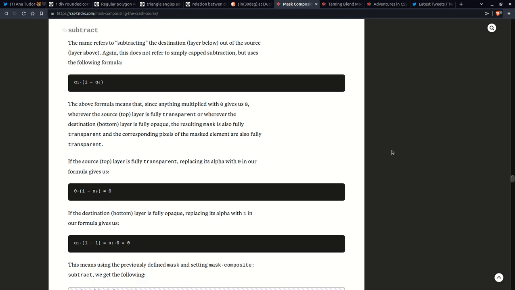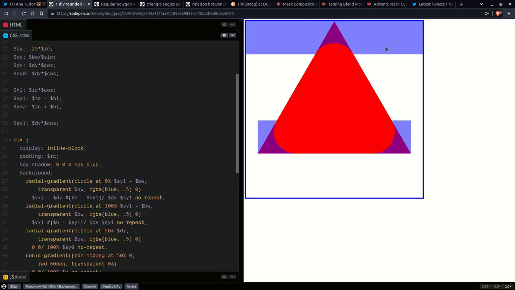Basically, wherever the top layer is fully transparent or the bottom layer is fully opaque, the result is going to be transparent. So if we make the entire red fully opaque, and we also make the entire blue fully opaque, and we subtract the blue from the red, it's going to give us what we want.